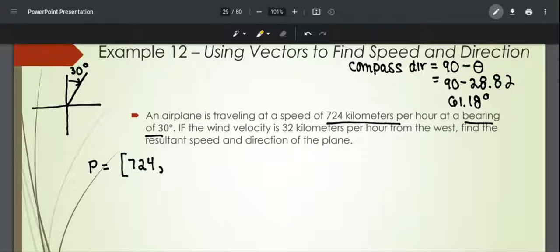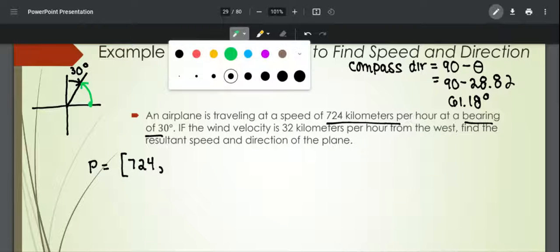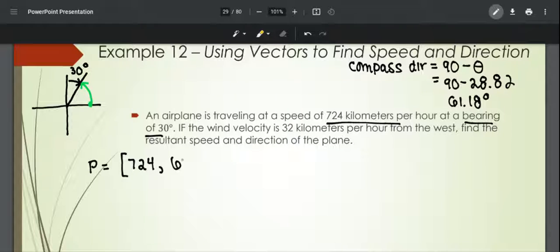If you were thinking about the unit circle, because that's the angle we want to use, how far would it be from the positive x-axis in the other direction up to your vector? 60. So we're going to use 60 degrees.